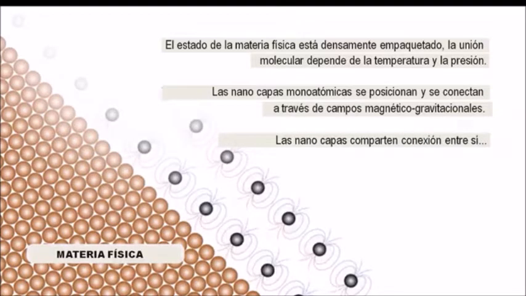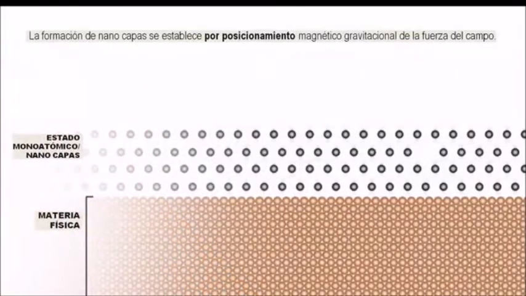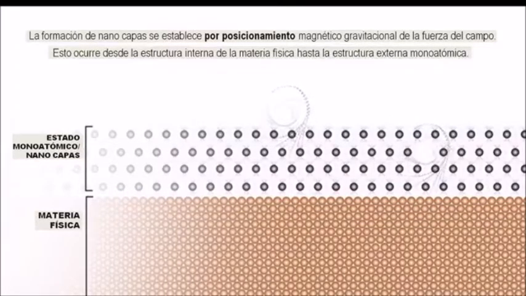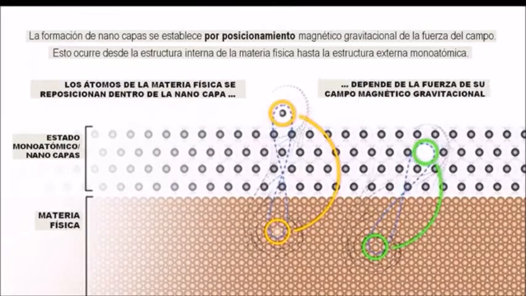This floating manner is acquired by magnetical and gravitational effects or fields between each atom. The effect of the nano coating is it liberates fields of energy which make an effect on all the surroundings of this state of matter.